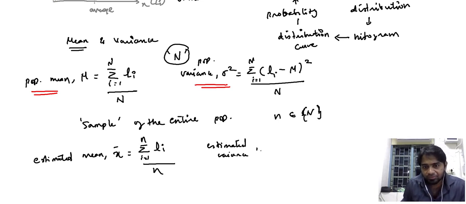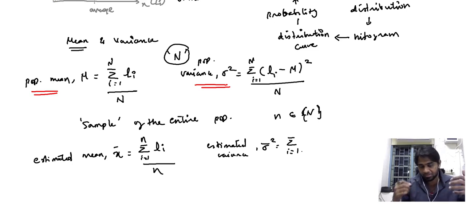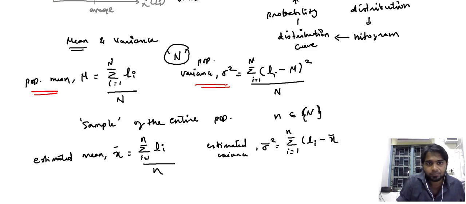In the case of estimated variance, there is a critical change made to the expression. Again, the numerator still remains the same. We have the summation ranging from 1 to small n, which encompasses the entire sample, and we are taking the difference between the lattice parameter assumed by the individual alloys and the estimated mean. So here we are using the estimated mean, whereas in the population case we used the actual population mean.